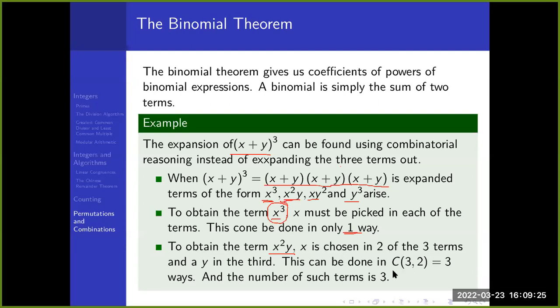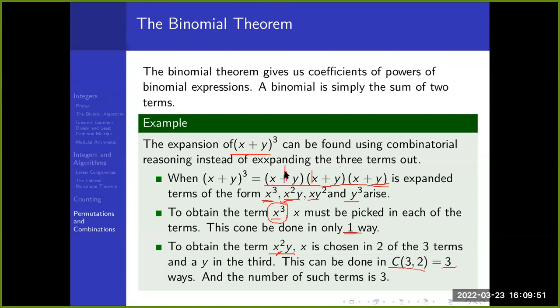So you can pick two x's in 3 combination 2 ways, because it means you pick from any two factors, and that is 3. Since there are 3 factors, if you want to get two x's, we simply pick two x's from two of these factors. Then the y is picked from the third one. And that can be done in 3 ways.